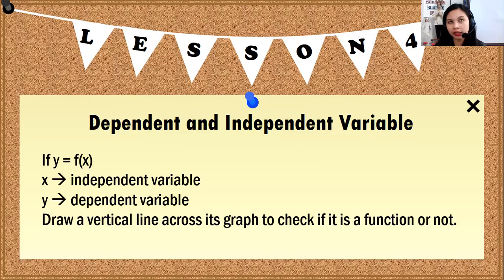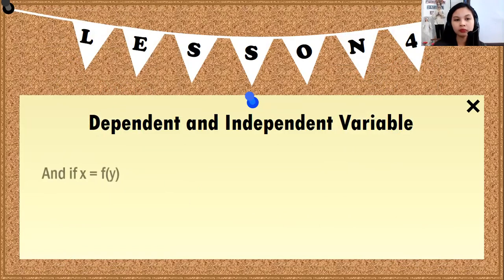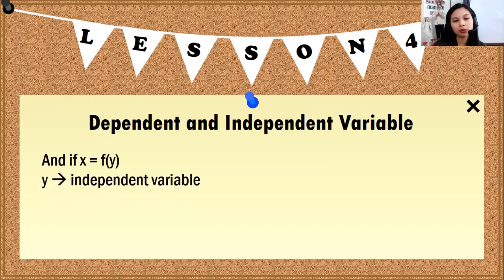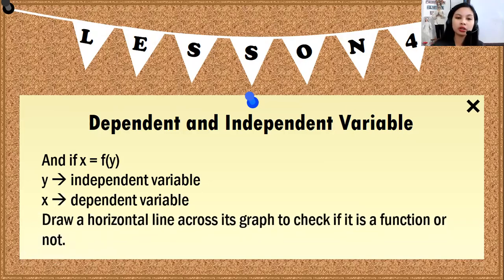So, vertical line test po dyan ang i-apply nyo. Pero, kapag inverse naman po niyan, ayan. If x naman is equals to f(y), ang y mo yung magiging independent and then x yung magiging dependent variable, ang gagawin mo naman po is horizontal line across its graph to check if it is a function or not po.